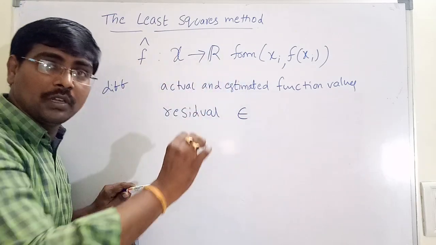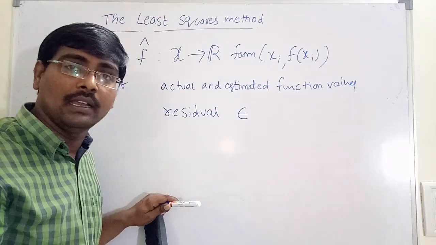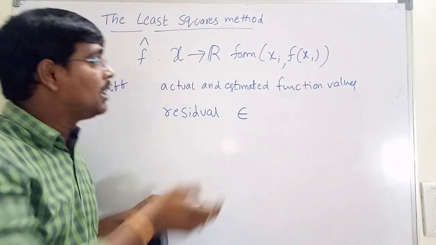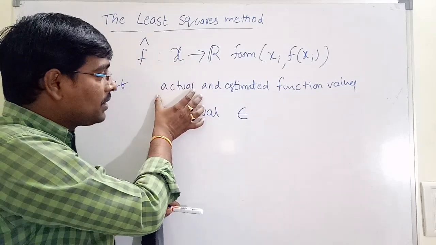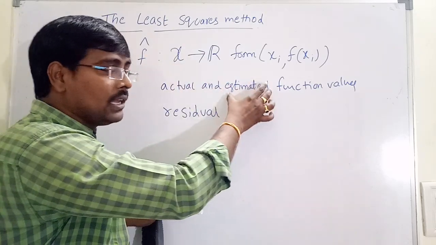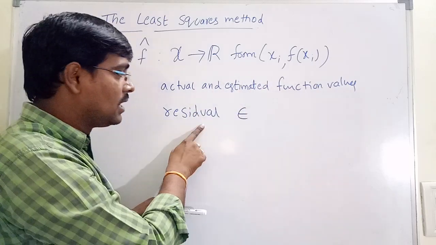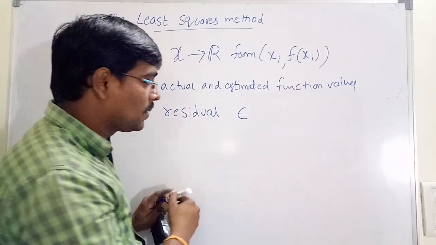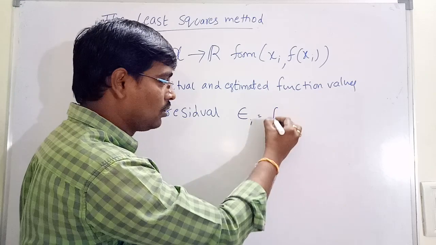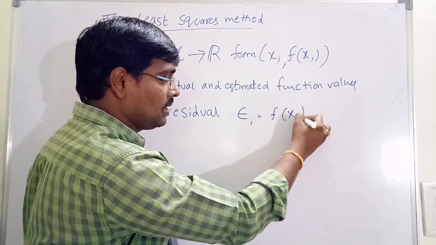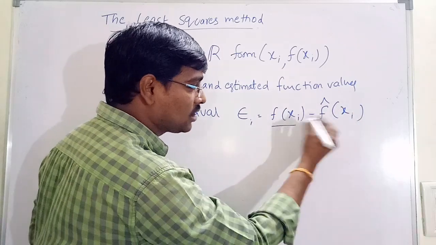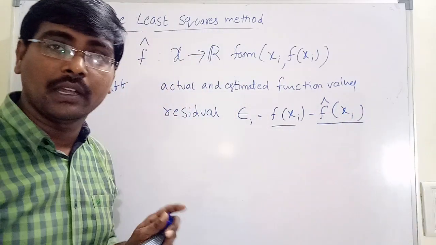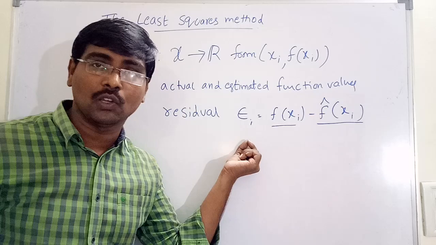Suppose it is supervised learning. For each training data it has an actual value also. By using regression I am finding the estimated value. The residual is equal to f of xi minus f cap of xi. This is the actual value, this is the estimated value, and this difference is called residual.